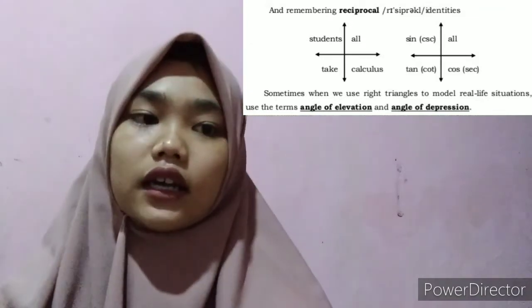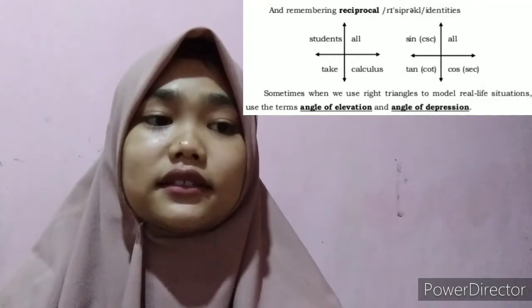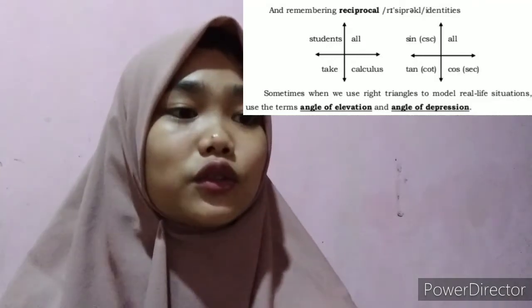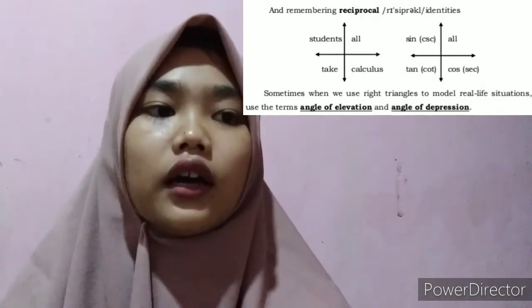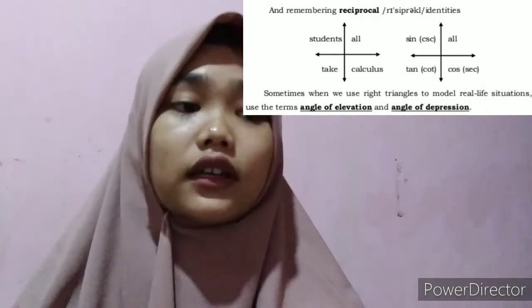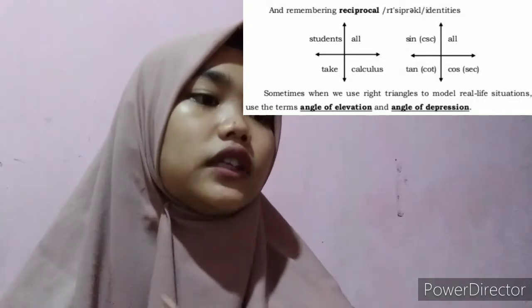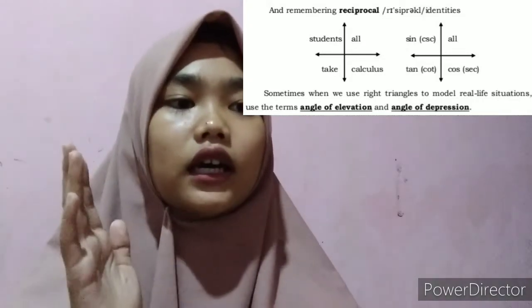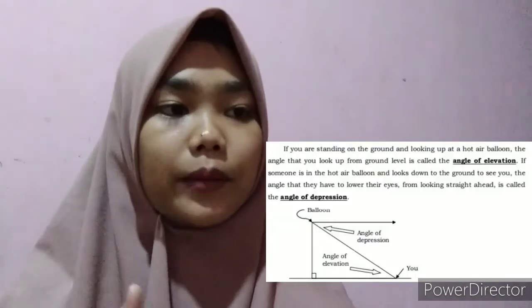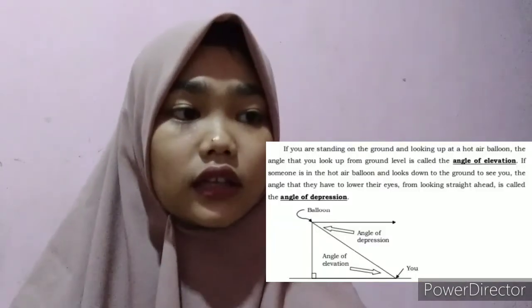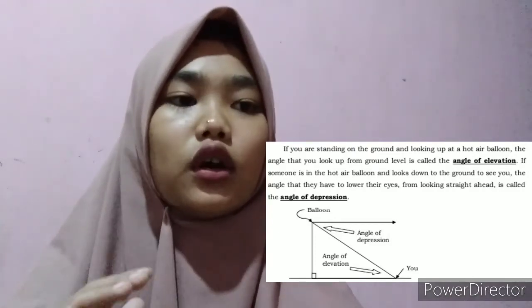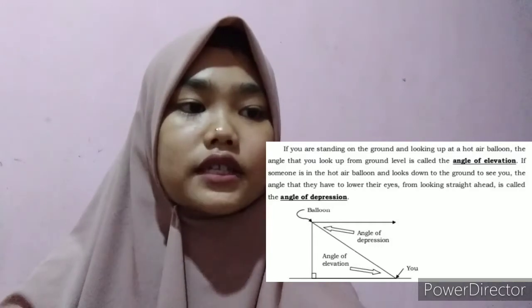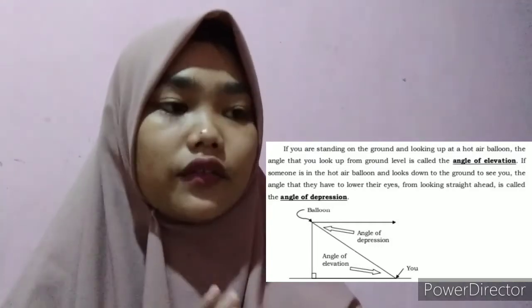Sometimes when we use a right triangle to model a real life situation, we use the terms angle of elevation and angle of depression. If you are standing on the ground and looking up at a hot air balloon, the angle you look up from ground level is called the angle of elevation.